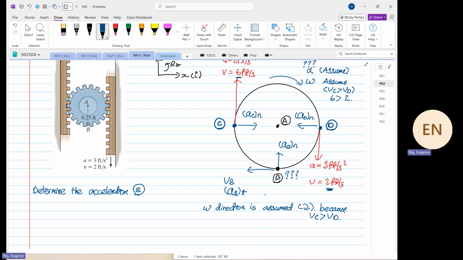Point B. Okay, we have to, but before we determine our acceleration, we know that omega and alpha are unknown.